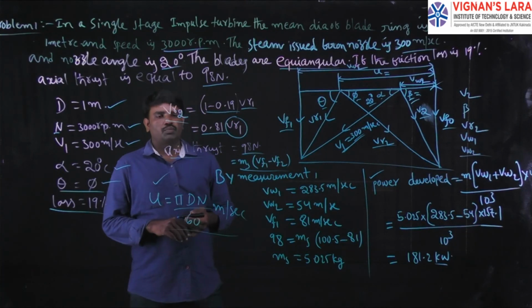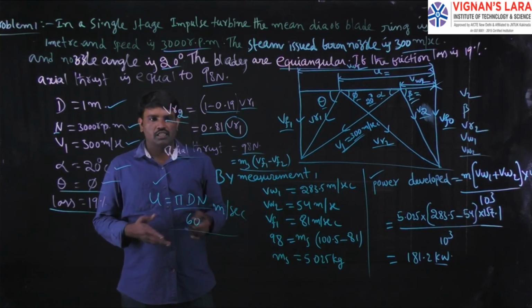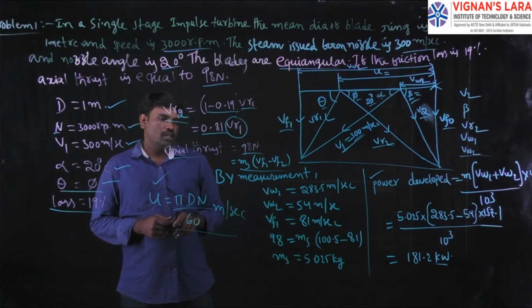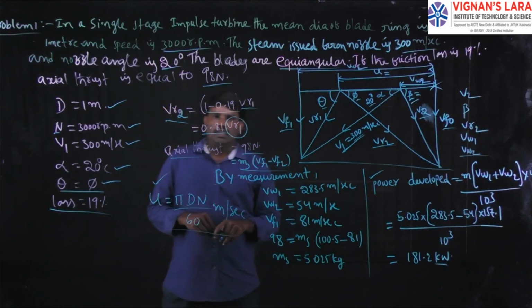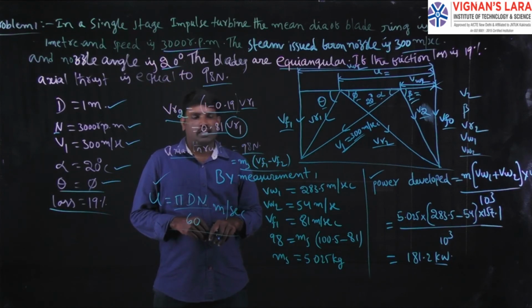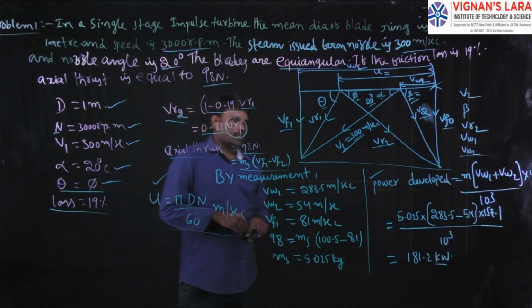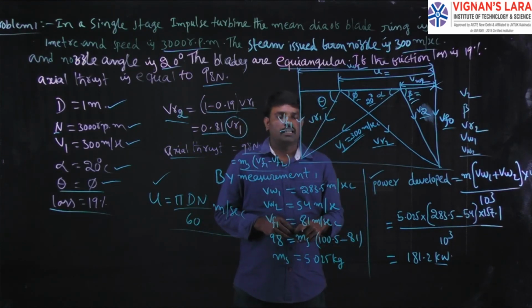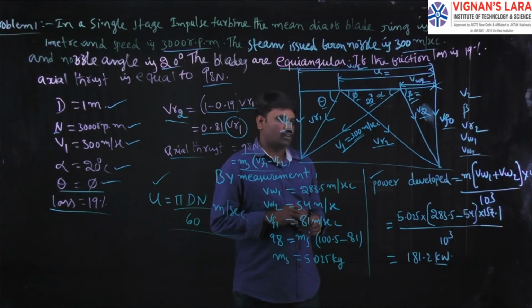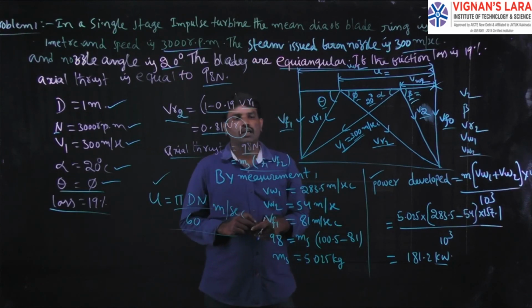While solving problems on impulse turbines, either single stage or multi-stage, you have to remember how that combined velocity triangle will appear. Based on the given conditions you have to draw the combined velocity triangle. Later you have to take a suitable scale to redraw the actual combined velocity triangle. Taking a suitable scale means, if you consider 300 meter per second velocity equal to 5 centimeters, then a 5 centimeter line will give the 300 meter per second velocity.